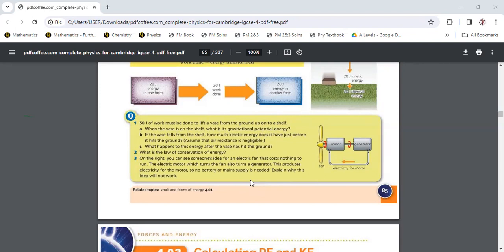Try relating back to the laws of conservation of energy. Because energy cannot be created or destroyed, is it? Yep, correct. So when the generator produces energy, it is transferred to the motor and the fan.